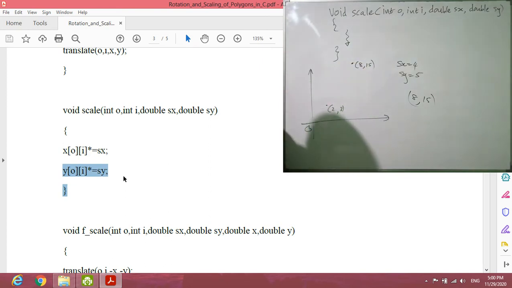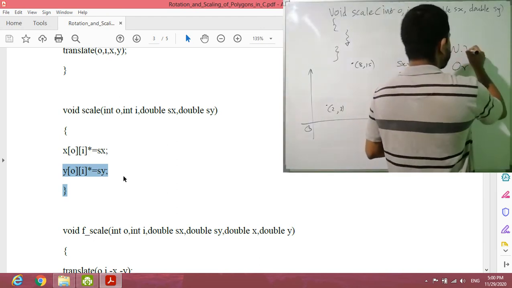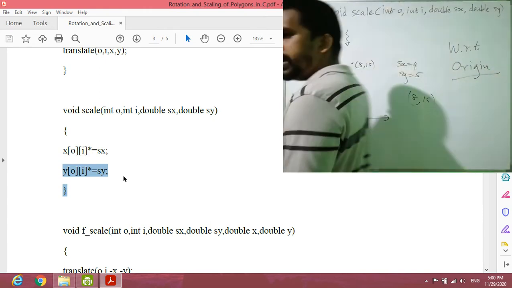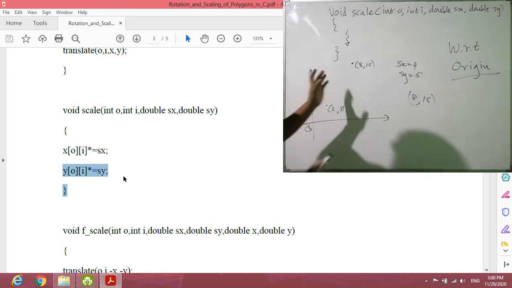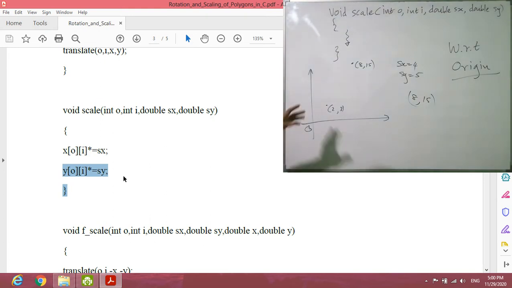So we say the scaling has been done with respect to the origin, because this coordinate is with respect to the origin.